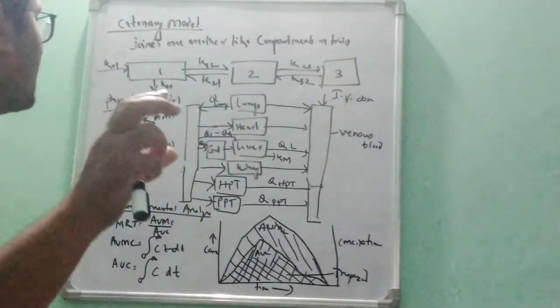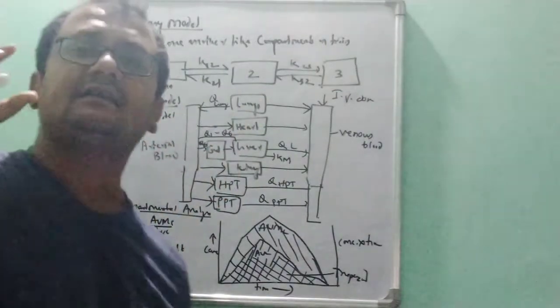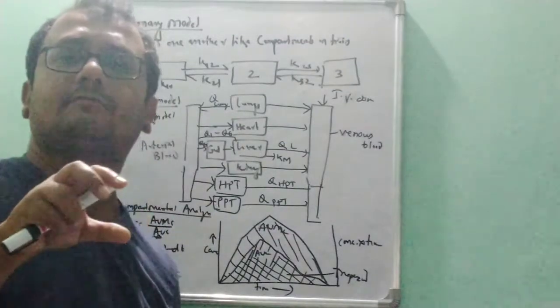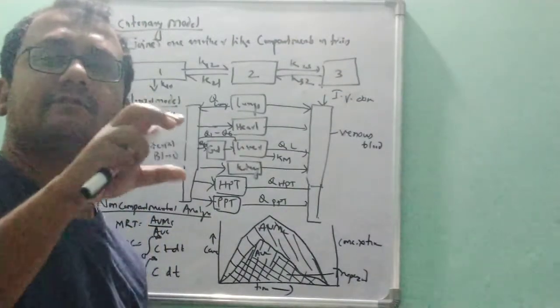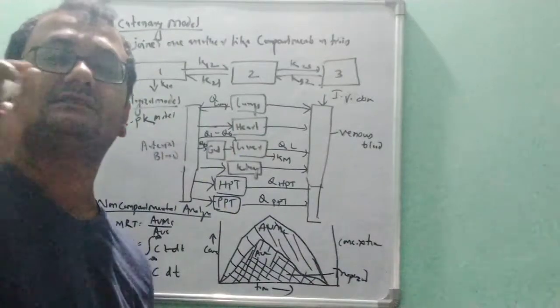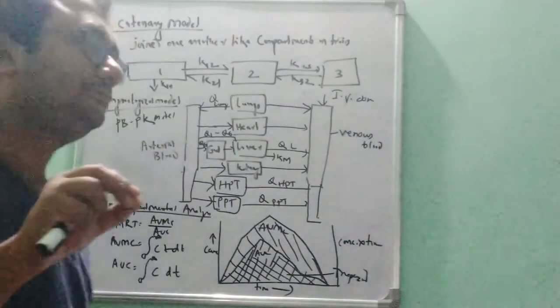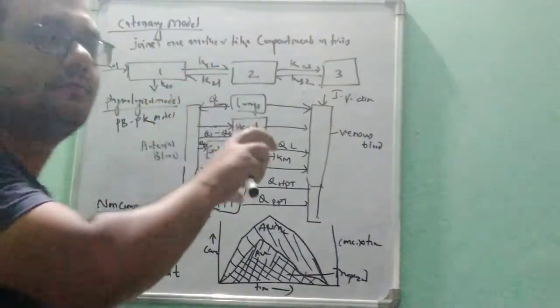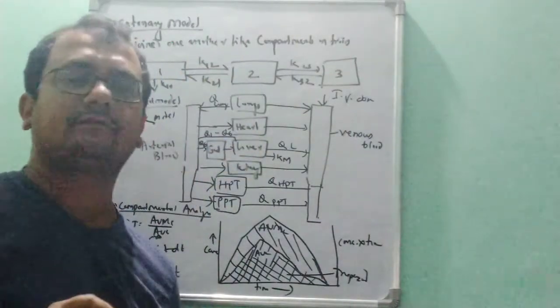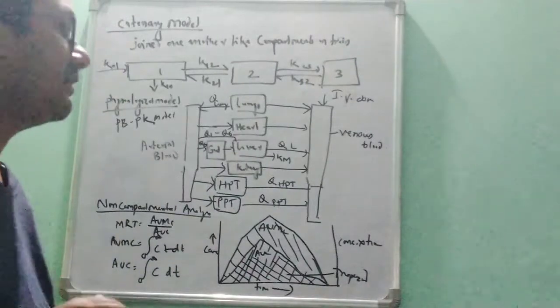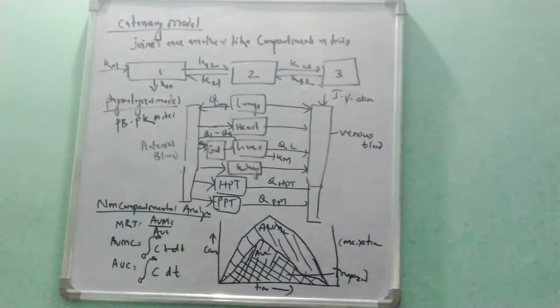These are physiological models, meaning each compartment has a different blood flow rate, and that's why we keep them in different compartments. This is a realistic model, but it is difficult to find out the different blood flow patterns of individual organs, so nowadays it is also very difficult.